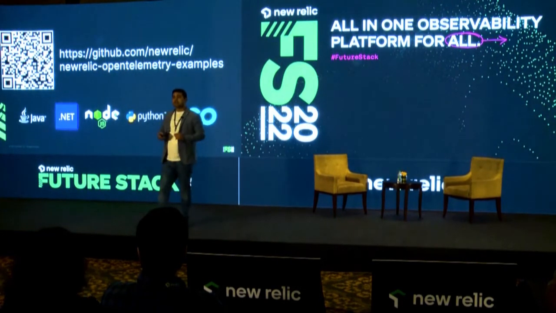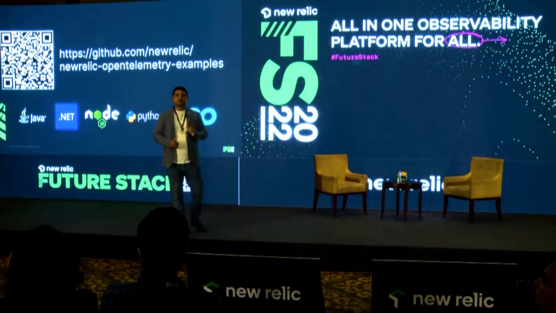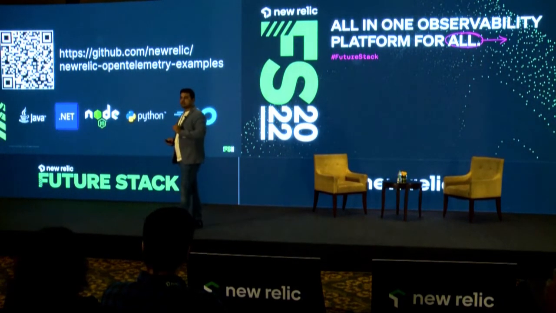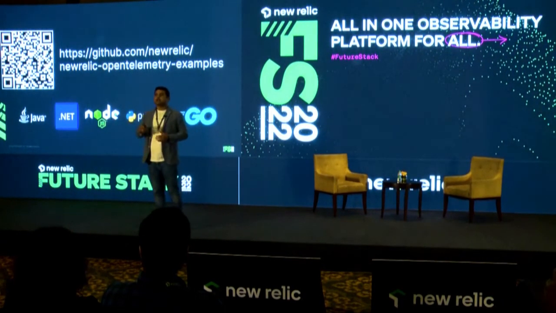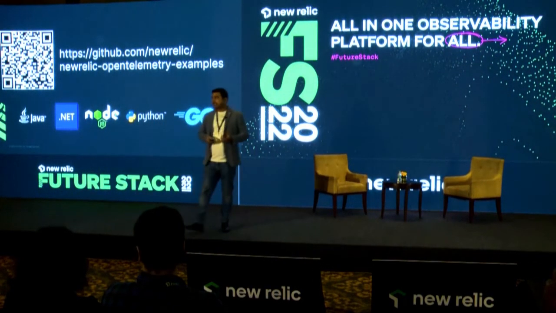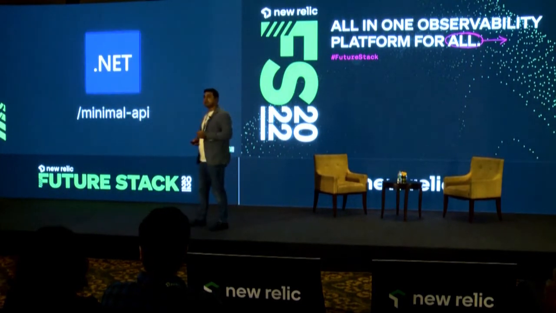Now, what we have done is contribute to OpenTelemetry by launching a lot of language-specific examples of how you instrument an application. Like if you have a .NET application, how can you instrument it using OpenTelemetry? There are some ready-made examples out there, and one of those is what we are going to show you, which is minimal API.